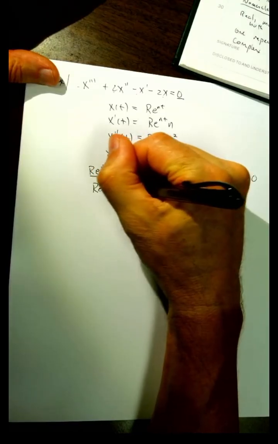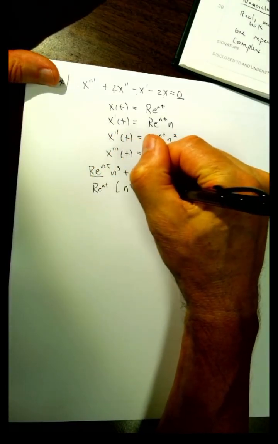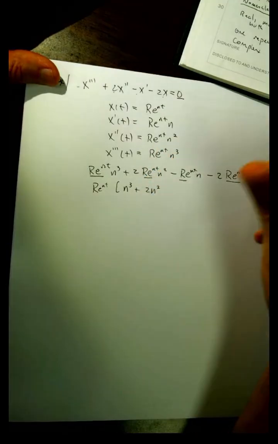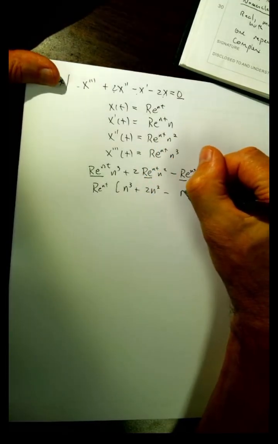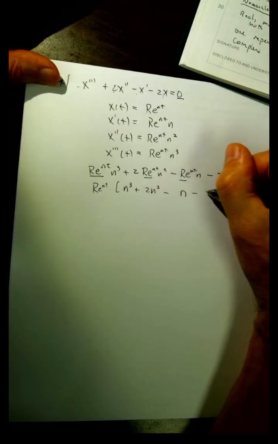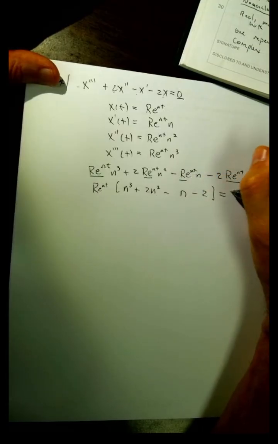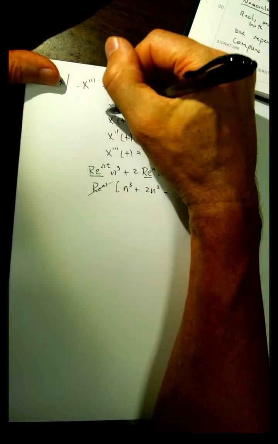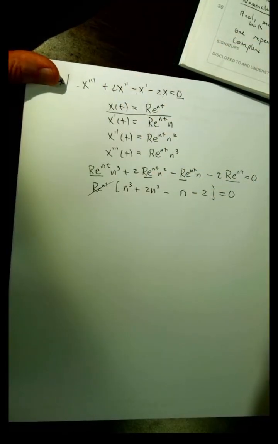Every term has an r e^(nt). If that doesn't happen, you did something wrong. So I can factor that out, leaving n cubed plus 2n squared minus n minus 2. I don't want r to be 0. If r is 0, my x is 0 and I don't have a solution.